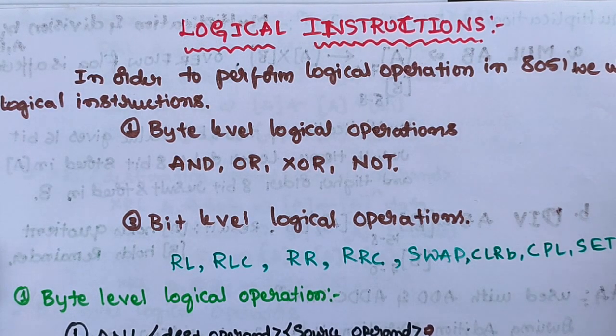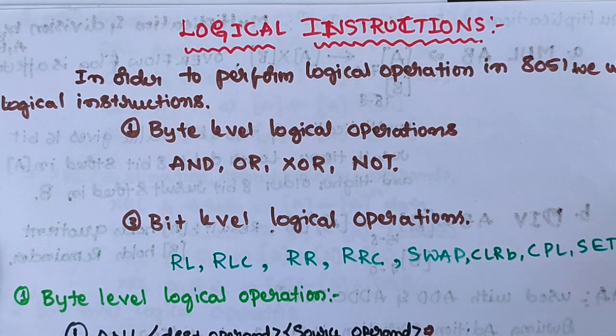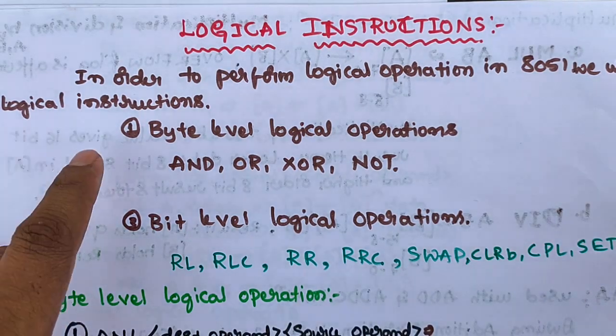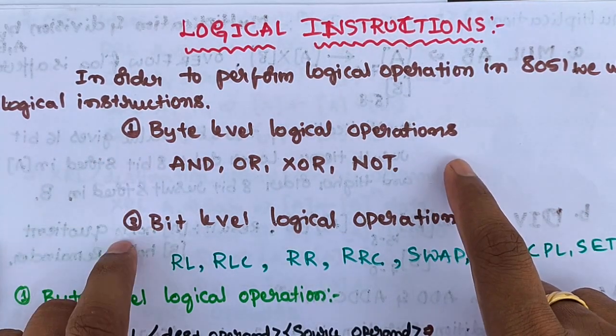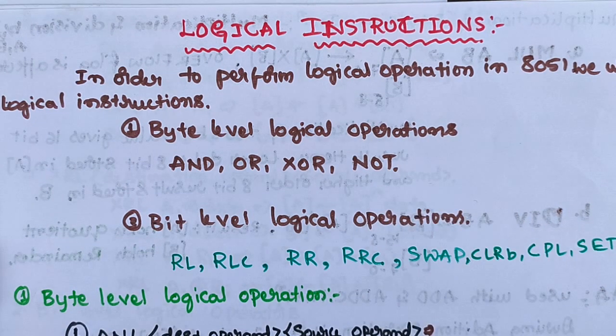As I told, the logical instructions, or mnemonics, are used to perform basic logical operations like AND, OR and XOR. We are splitting the logical instructions into two types: byte level logical instructions and bit level logical instructions.